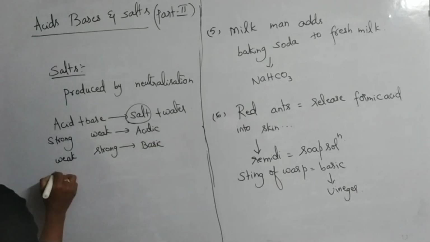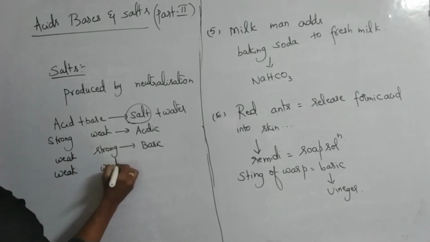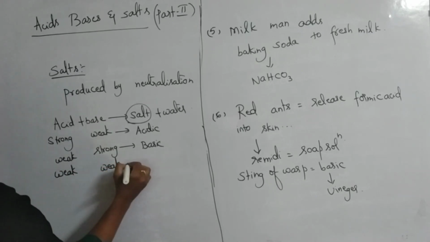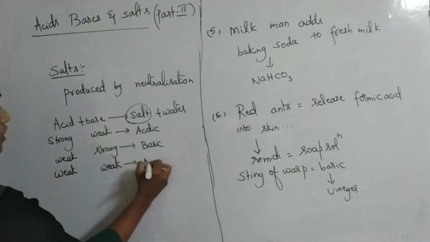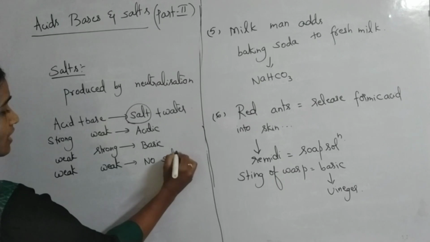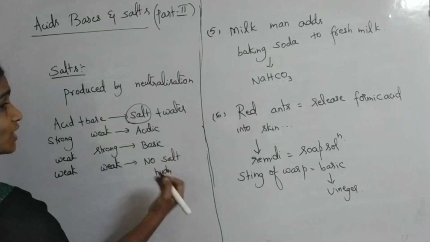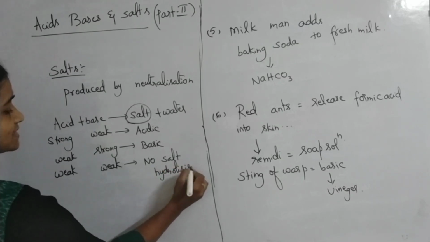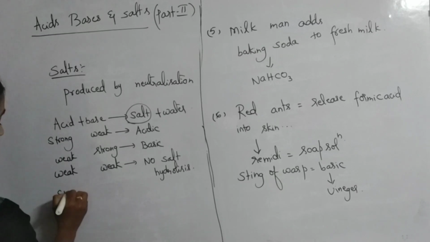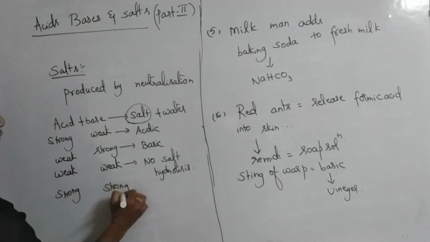If both are weak, no salt hydrolysis will take place, meaning the salt cannot be hydrolyzed. If both are strong, the acid is strong and the base is strong, then the salt formed will be a neutral salt.